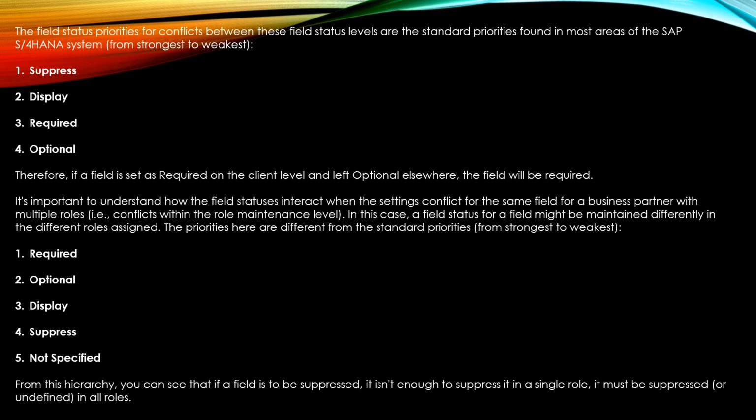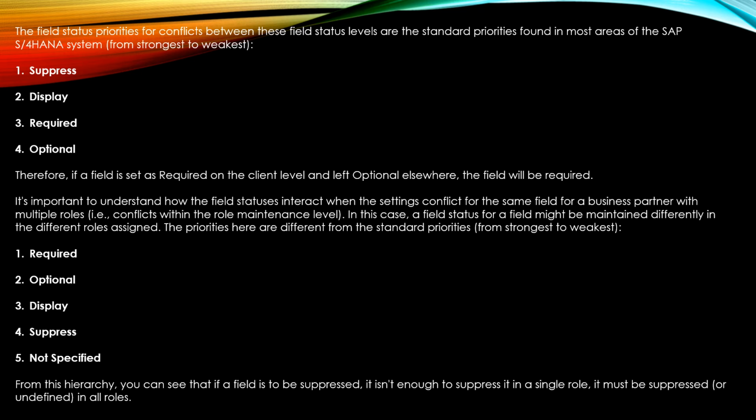And then it's important to understand how the field statuses interact with conflicting settings for a business partner with multiple roles, for example conflicts within the roles maintenance level. In that case, a field status might be maintained differently for the different roles assigned, so the priority differs from the standard priority.